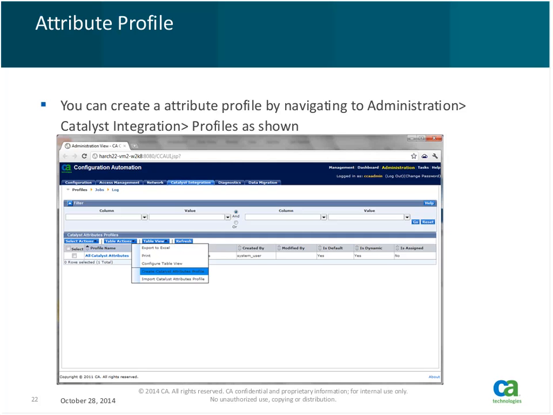Out of the box, we are providing a Catalyst attributes profile, in which all the filter criteria are selected. So this is the default profile. If somebody wants to create their own profile, under table actions we have create attribute profile. We'll see what is in create attribute profile on the next screen.